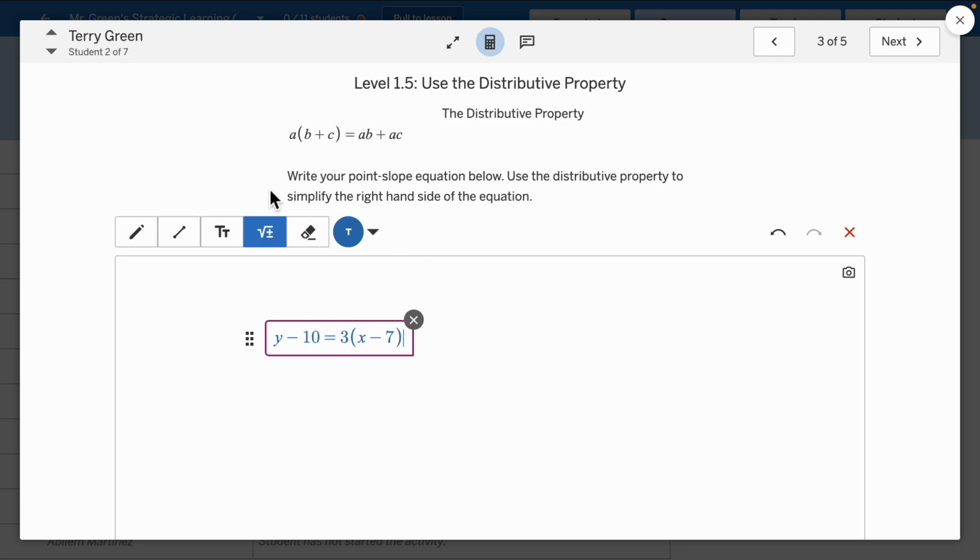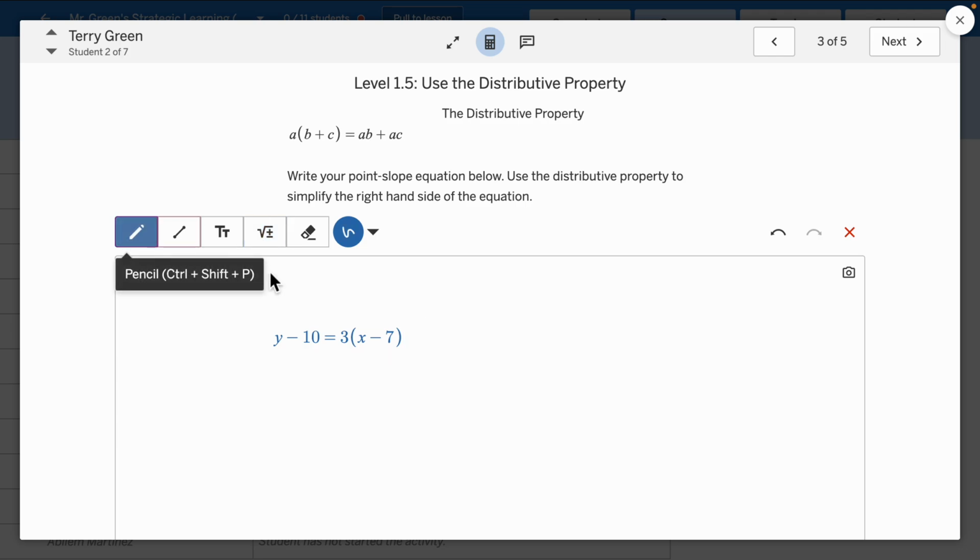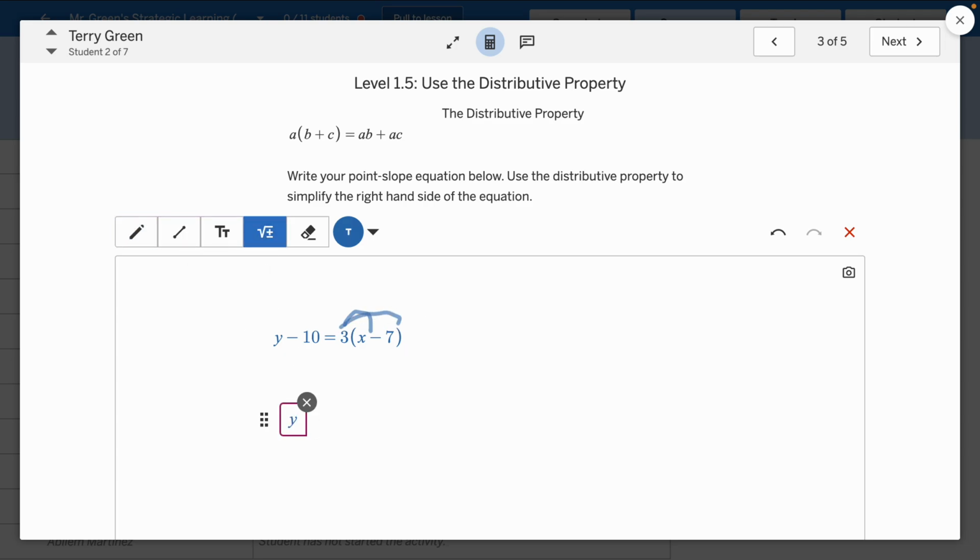So, using my arrows, 3 times x is 3x, and 3 times 7 is 21. So my equation should be y minus 10 equals 3x minus 21.